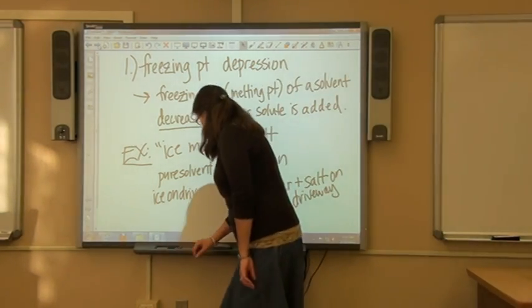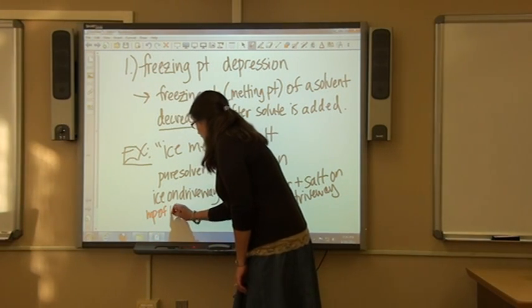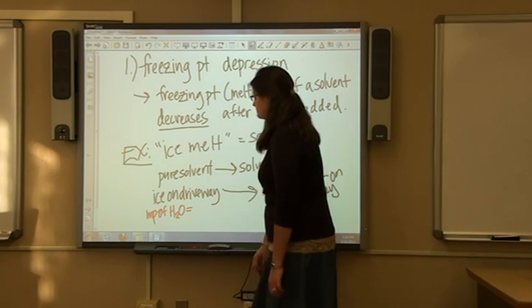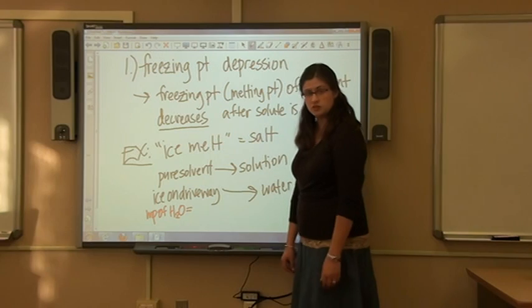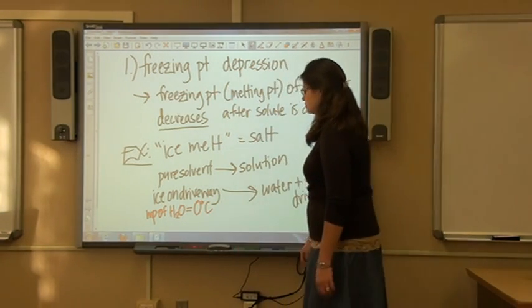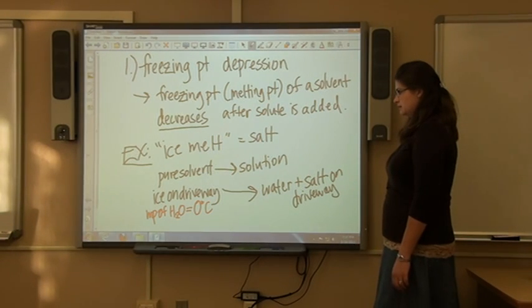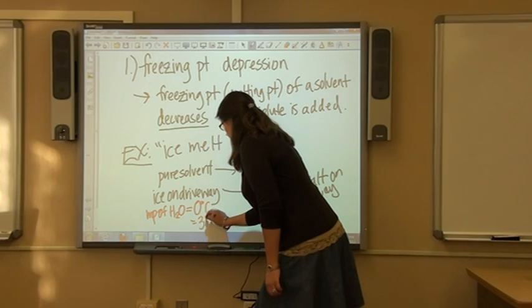Well, the freezing point or the melting point of water is what? Well, we know it as 32 degrees Fahrenheit, but in chemistry land we like to use Celsius. So here we have 0 degrees Celsius. I think we'll use both of them.